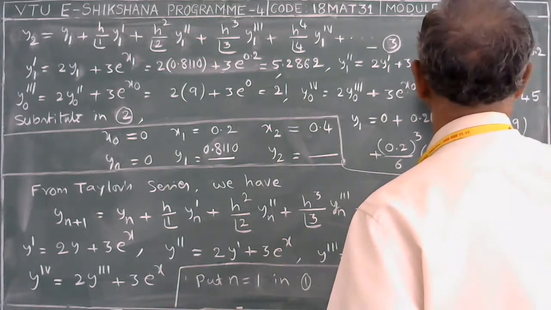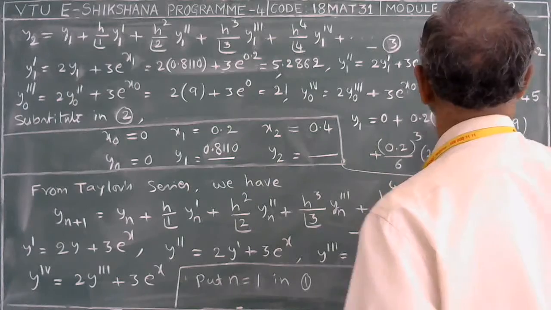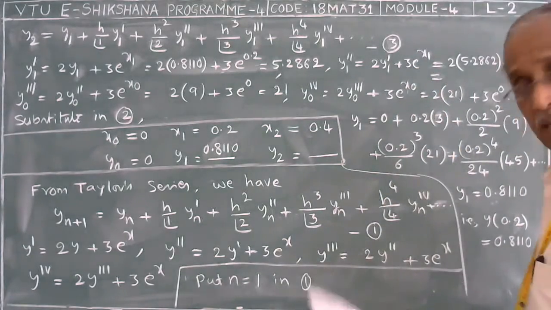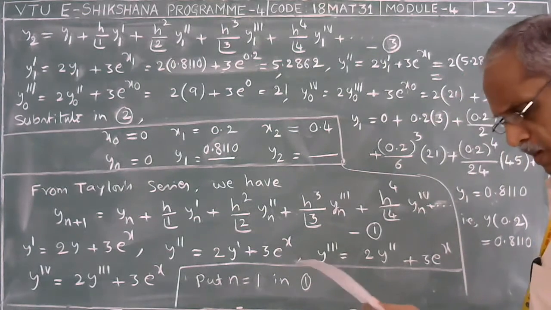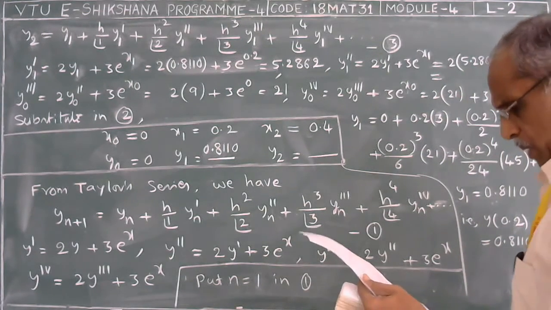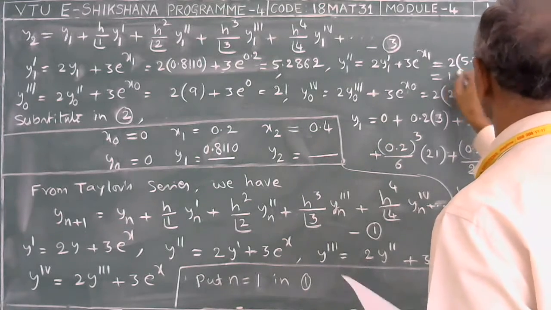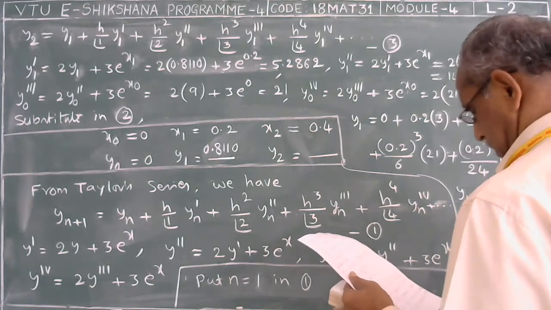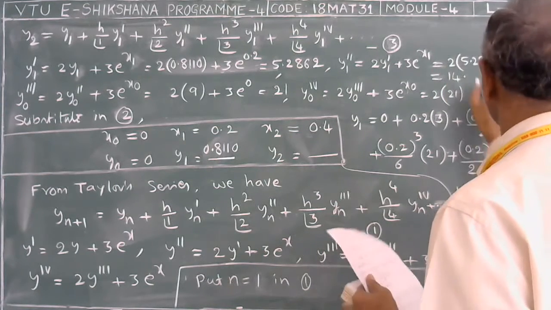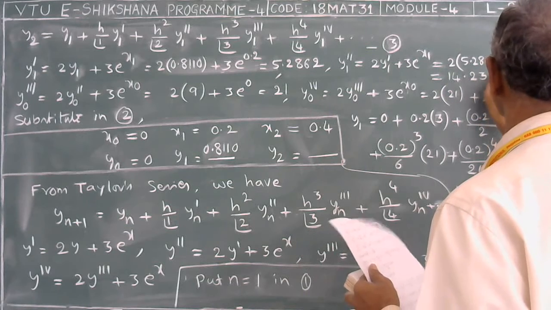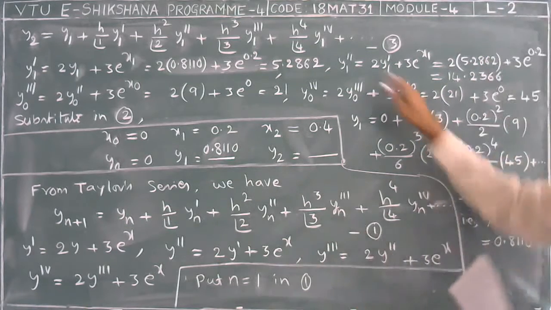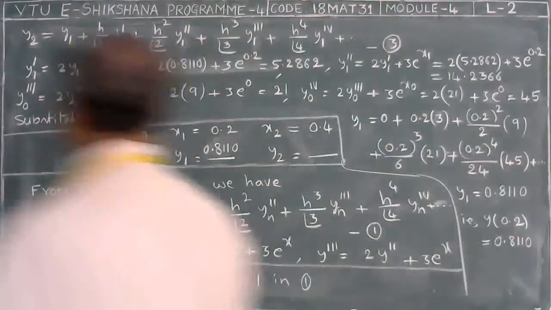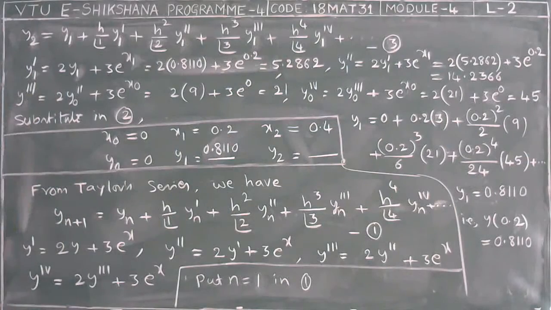So if you carefully substitute and simplify using calculator, y1 double dash is equal to 14.2366. Let me calculate y1 triple dash.